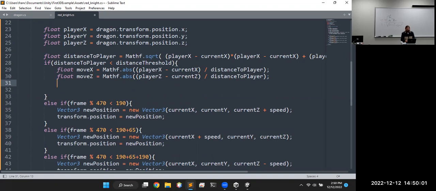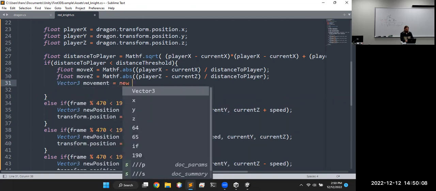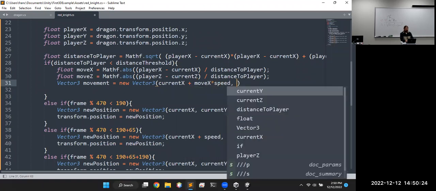And then we can create our actual movement vector. So vector 3 data, we'll call it movement. It's a new vector 3. So it will be our current X plus move X times speed. I'm gonna leave out a space there to hopefully help show those go together.